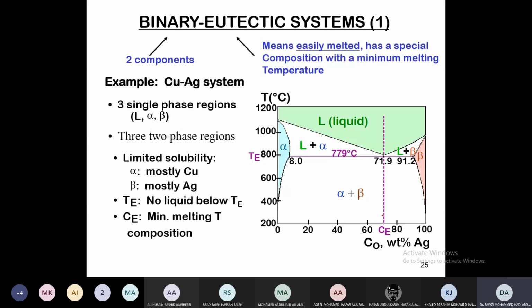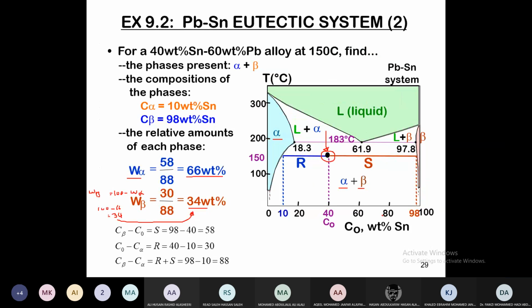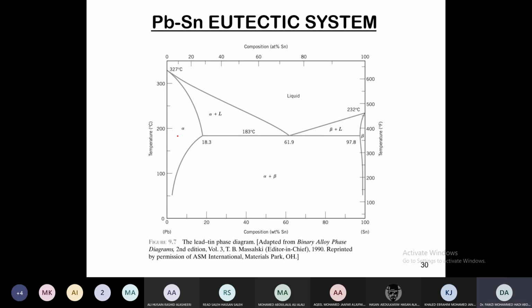But in the binary eutectic system, it will be a little bit different. If you are going from 0 to nearly 2, if you extend this down, it will intersect at nearly 2% by weight.